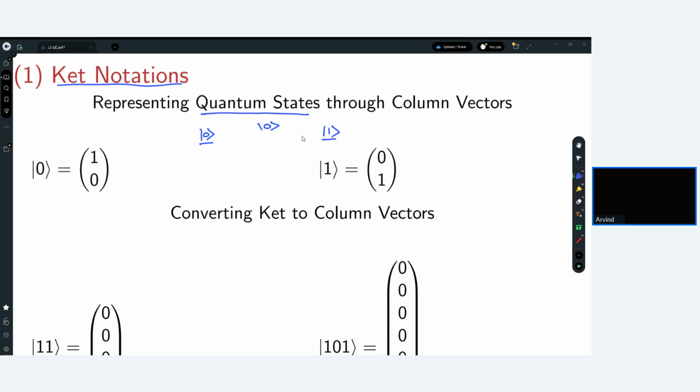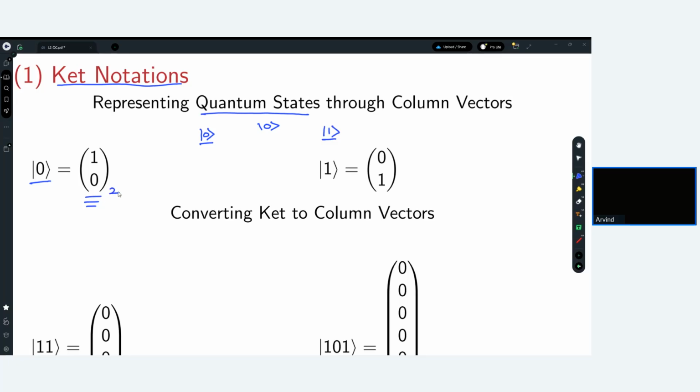And here we are representing the quantum state through a column vector or a Ket notation. This quantum state, which we call the qubit zero, and now we are reading it as Ket zero, is nothing but a column vector of size 2.